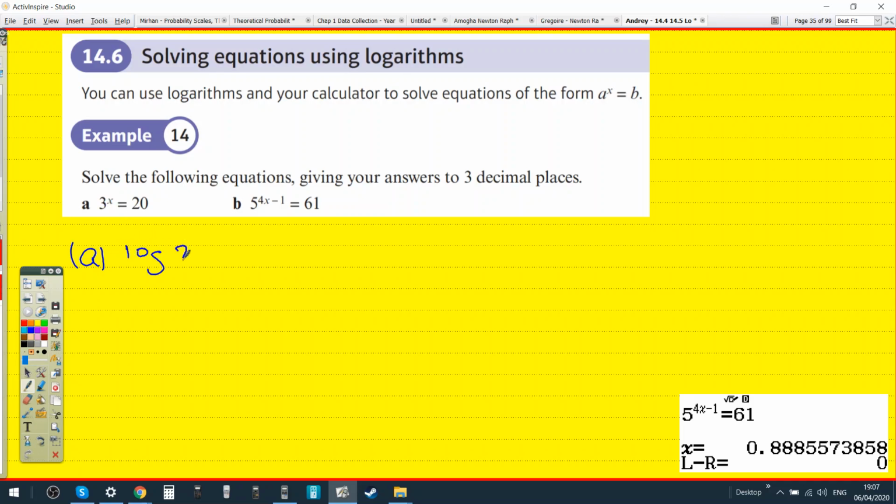So it's log 20 base 3. Is that it? Yeah. Okay, and then you put that in your calculator. And then for B, you do log 61. It was base 5, but that's equal to 4x minus 1, because the power was 4x minus 1. And then you still have to solve that to make it x equals.